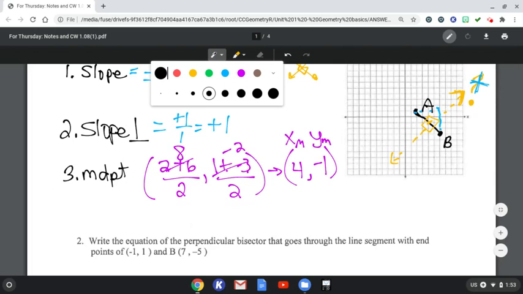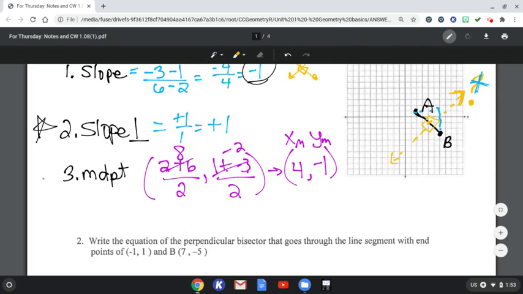Now our last step is we're going to take the slope perpendicular and the midpoint, and we're going to write the equation. The new line goes through this midpoint and it rises and runs +1, up 1 over 1, or down 1 to the left 1.